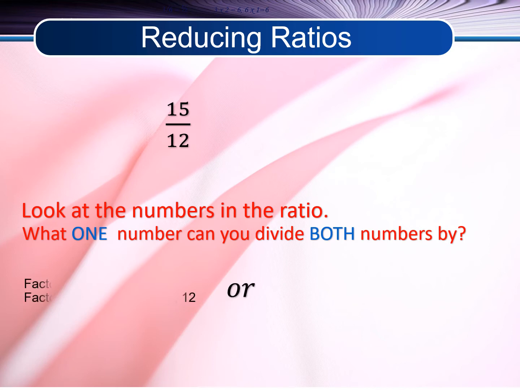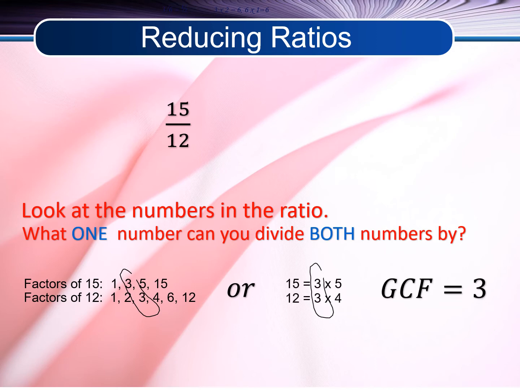Getting the common factors of 15 and 12, the GCF is equal to 3. Therefore, we divide both the numbers in the ratio by 3 to simplify the ratio. 15 divided by 3 equals 5 and 12 divided by 3 equals 4. So, we have 5 is to 4.